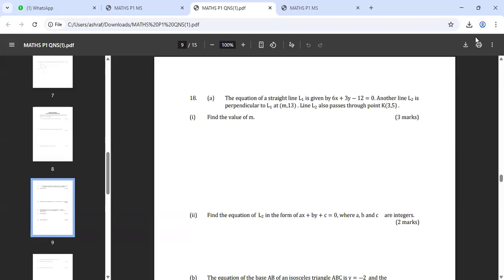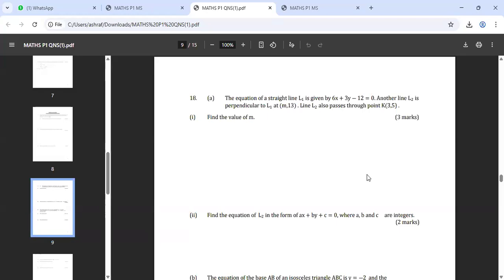M as 17. Okay, so let me just take you through so that we see if you're getting 17. So you have m2 as a half, isn't it? Positive a half. Yes.